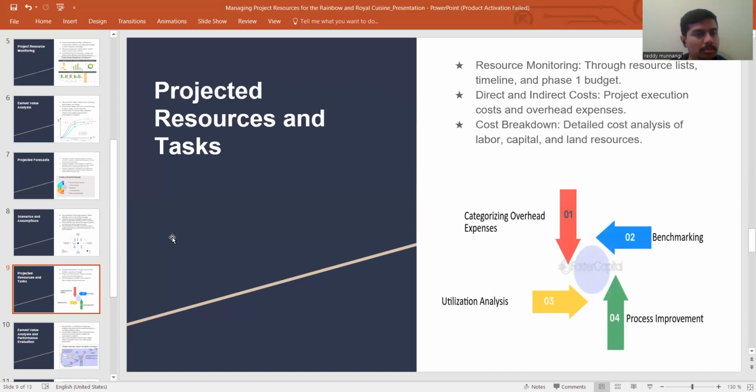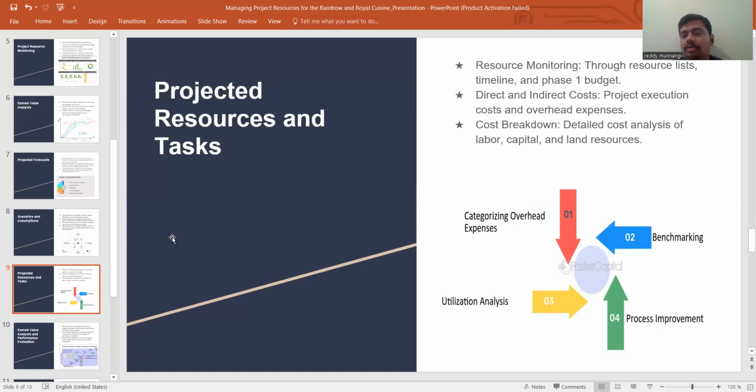The next slide is projected resources and tasks, monitoring resources through the resource list, timelines, and based on budget and direct and indirect cost. We can mention the direct cost in the estimation, but there might be additional indirect costs that we can't expect and can't mention at the beginning of the sheet. So we add some indirect costs to fulfill those needs.